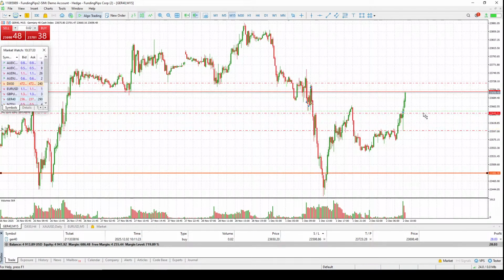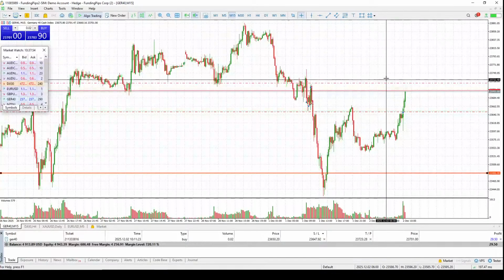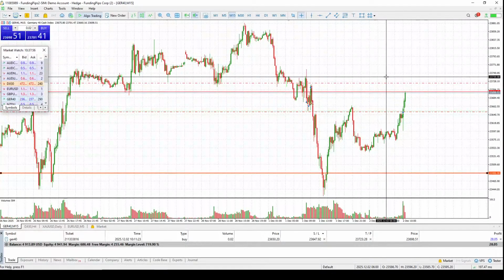We'll just move the stop loss to this wick here, then we can just wait, because I couldn't see any resistance from this level. Price is really just spiking up, and I think it will stop somewhere in this level, maybe 23,040, let's say.